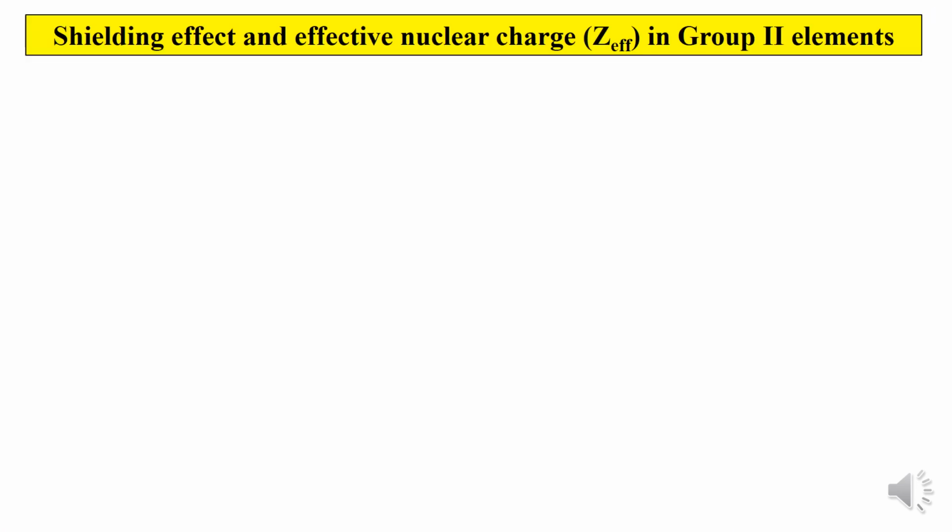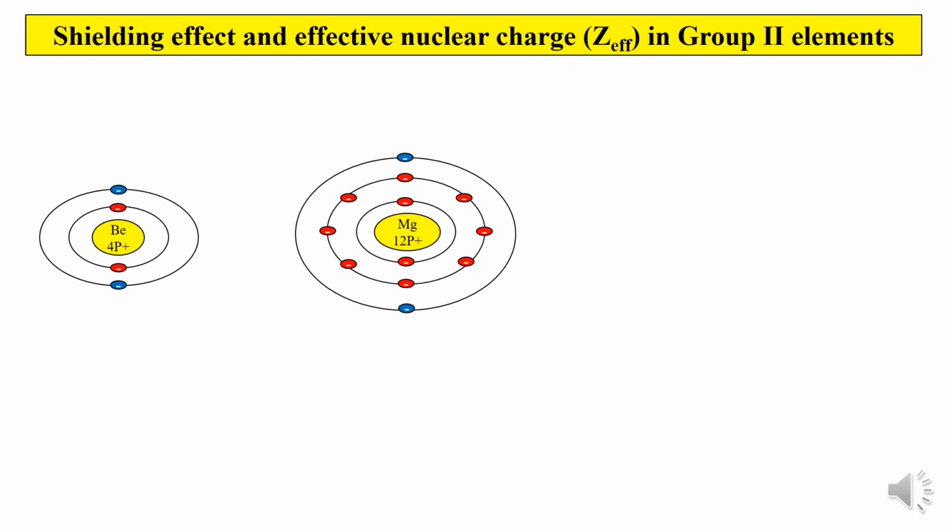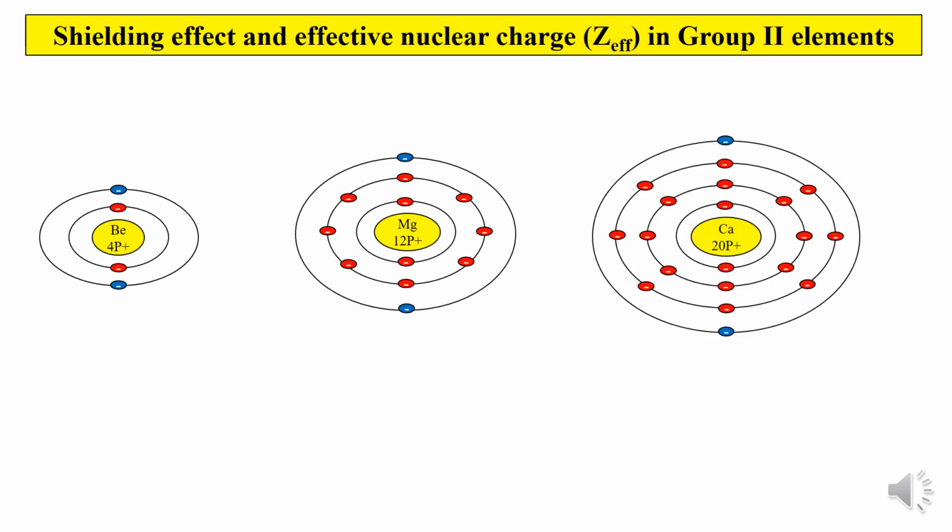Now let me explain the shielding effect and effective nuclear charge in group 2 elements like beryllium, magnesium and calcium. The core electrons are highlighted in red, while the valence electrons are highlighted in blue. In case of beryllium, the first shell contains 2 core electrons.